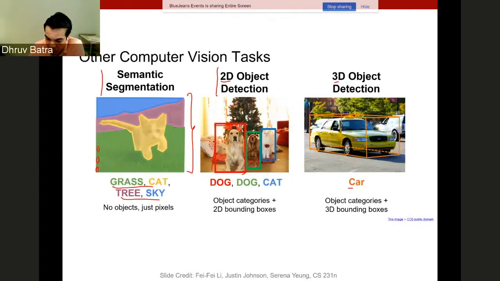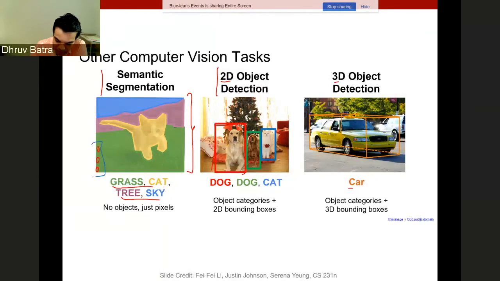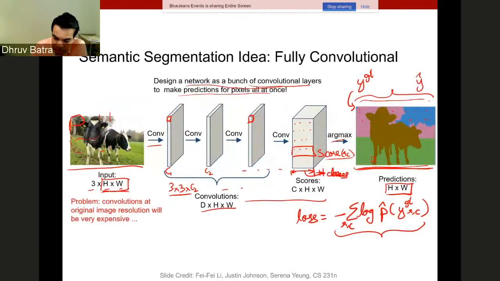Here's where we were. We were talking about other computer vision tasks, in particular semantic segmentation. The task of labeling every pixel with a particular category label. We had considered an alternative that we very quickly realized had a bunch of problems, which is to not lose spatial resolution.